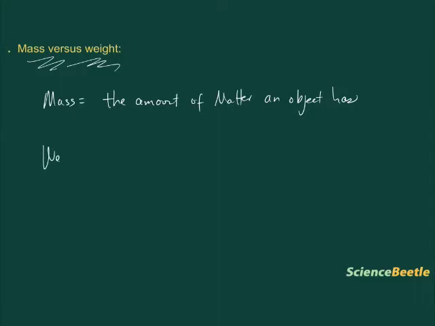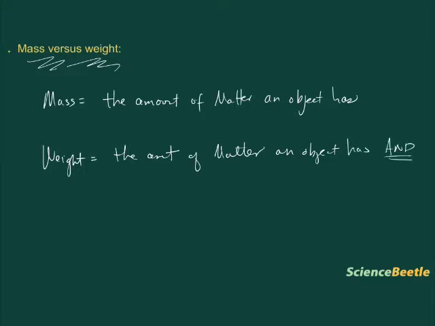And weight, on the other hand, is actually a little bit different. It too is the amount of matter that you have for an object, but it's a little bit different because it also has to consider, so I'm going to put this as and, it has to consider the effect of gravity. Okay, and that's the real difference here.